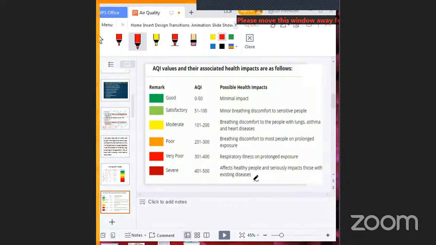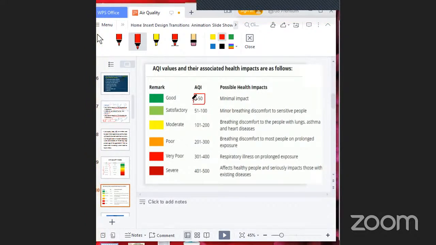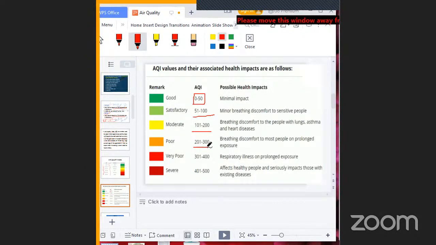So you see the first category is AQI, which ranges between 0 to 50, and the second category is 51 to 100. The third one is 101 to 200, the fourth is 201 to 300, the fifth is 301 to 400, and lastly the sixth is 401 to 500.